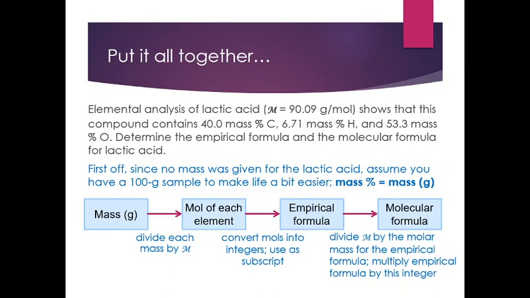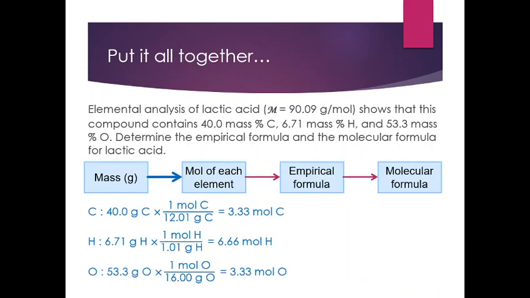And once we have the empirical formula, we can figure out the empirical formula's mass. And we are given the molecular mass, I tell you, is 90.09. So if we can determine the relationship between this mass and the empirical formula's mass, we can use that same relationship between the empirical formula and the molecular formula, like such.